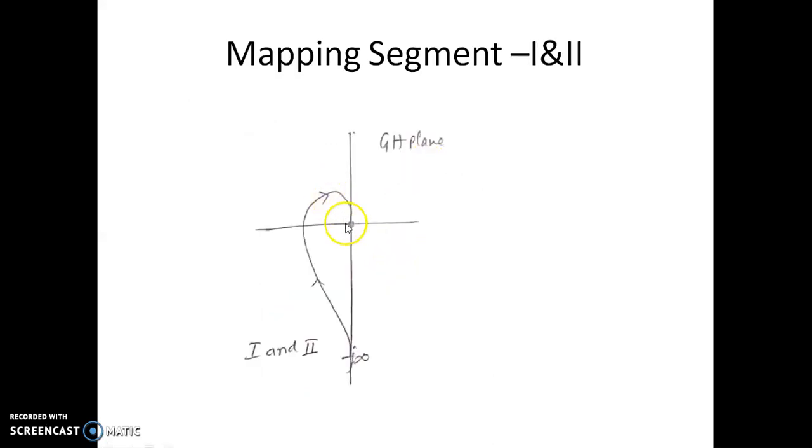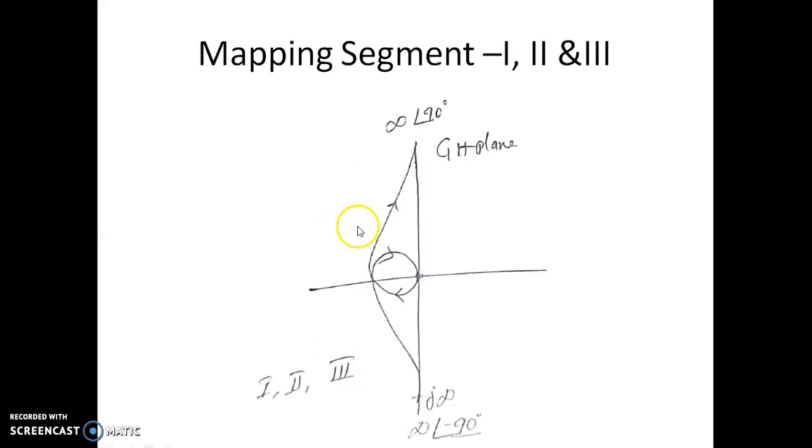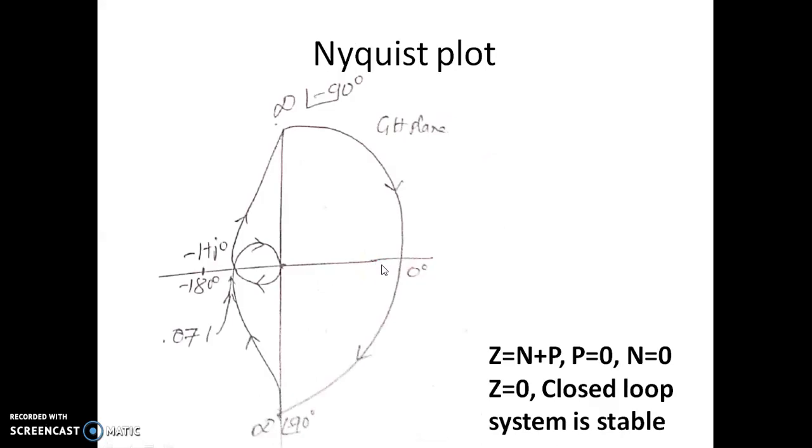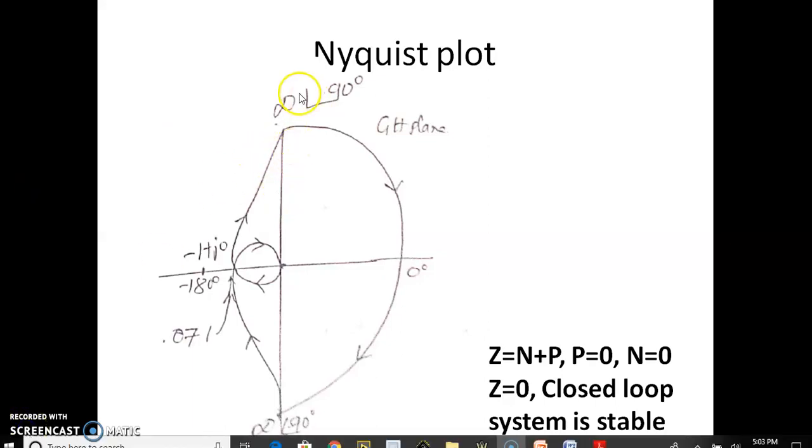This is the first segment mapping for this transfer function. The second segment is a dot at the origin. The third segment is the mirror image of the first segment. The overall Nyquist plot looks like this. The first one, the second one is a dot, the third one is the mirror image, and the fourth one starts with a magnitude of plus infinity, sorry for that, with phase plus 90 degree.